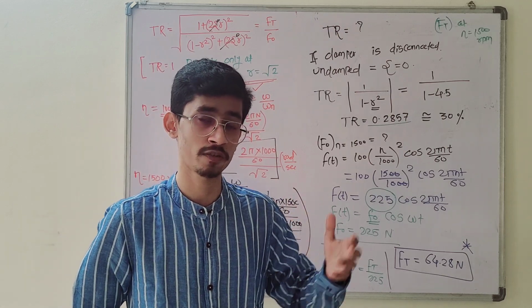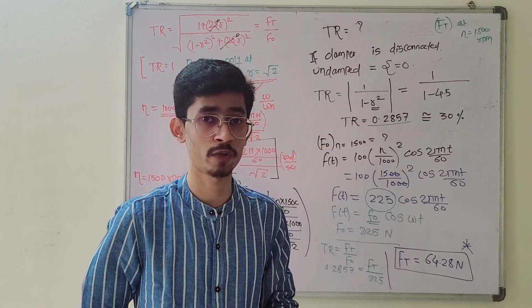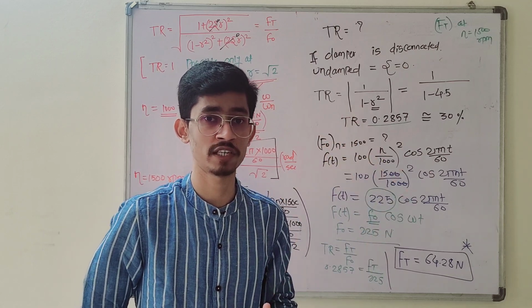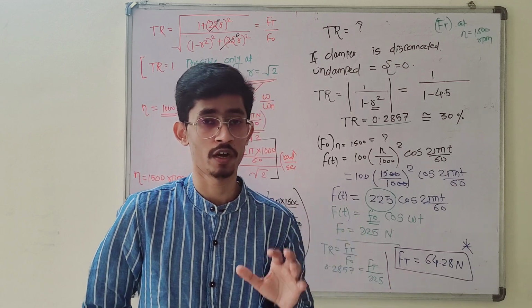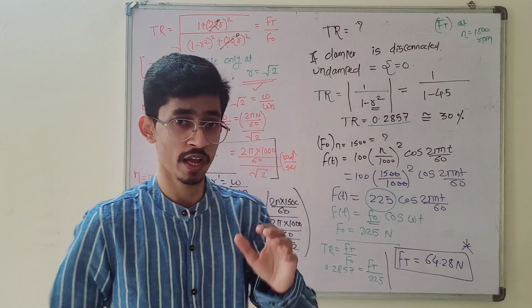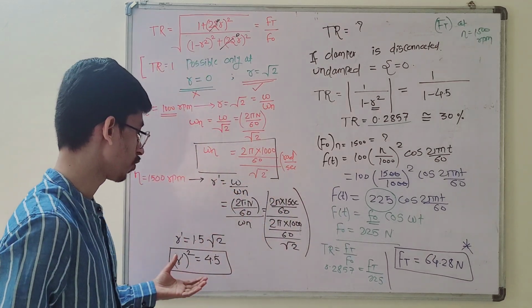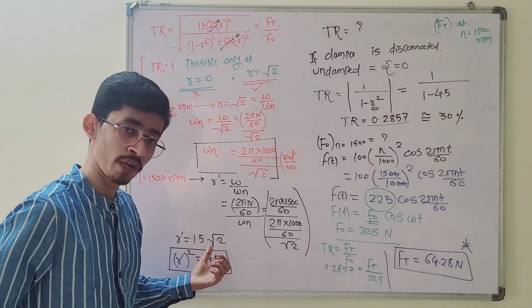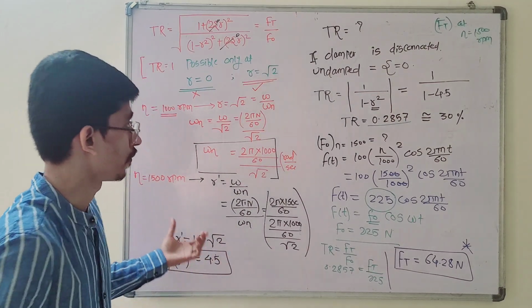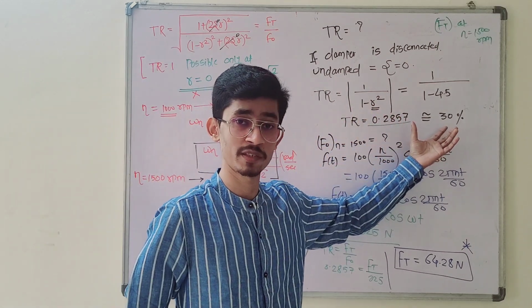Why have we cancelled out the frequency ratio r equal to 0 value? Because our engine is in a running state. So that's why we neglected r equal to 0. We came up with r equal to root 2, and after proceeding we found out the new r prime, which is 1.5 root 2. After putting this value of r square prime, we found the new transmissibility is 30%.